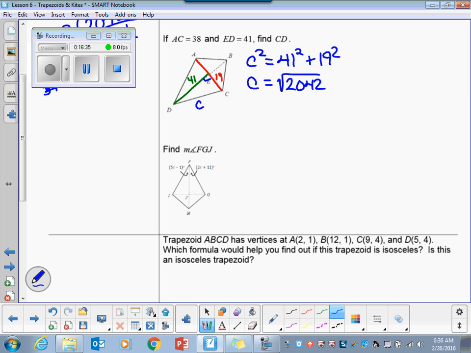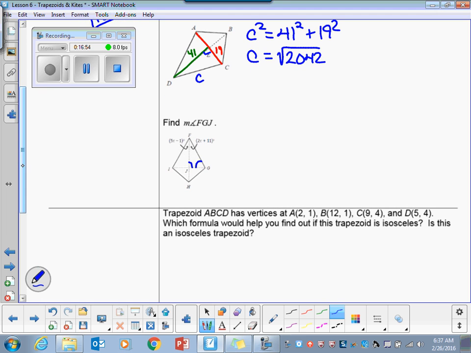All right, find the measure of angle FGJ. So we're trying to find this one, and we're given some interesting information here. We know those diagonals are going to be perpendicular, and we also know that this diagonal between the non-congruent angles bisects the non-congruent angles, because we know that triangle FGH is congruent to triangle FJH.